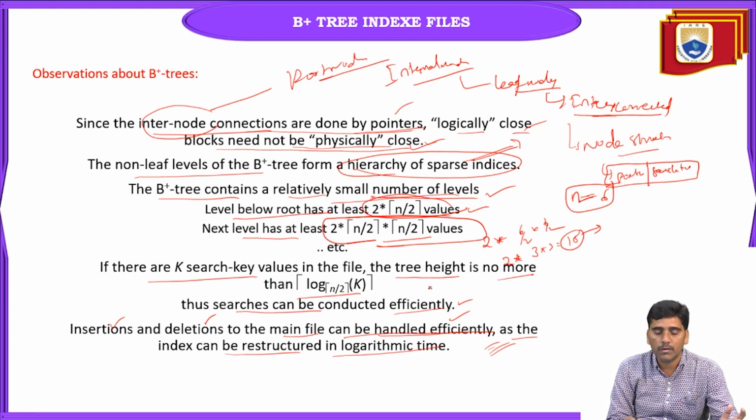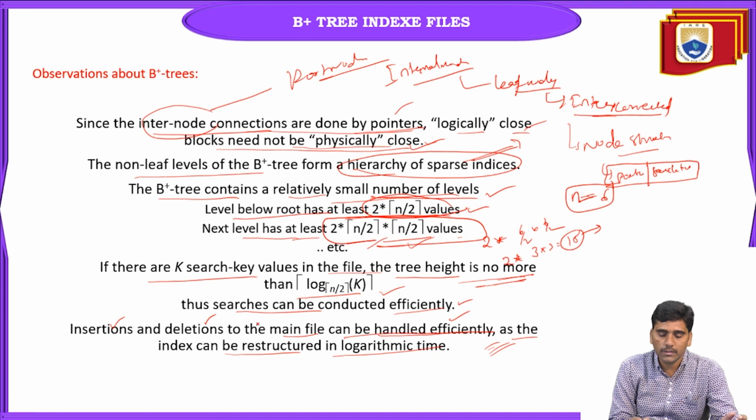The level below the root has at least 2 times n by 2 values, and the next level has at least 2 times n by 2 times n by 2 values. If there are K search key values in the file, the tree height is no more than log of n by 2 of K.